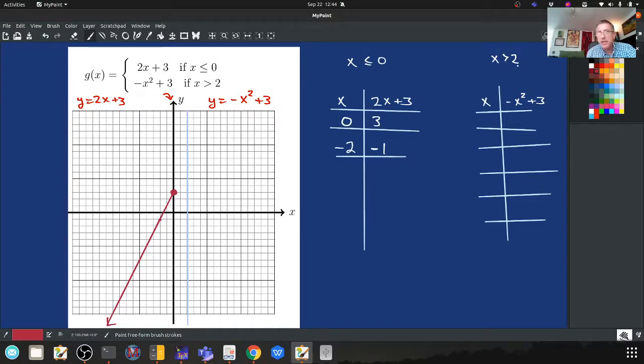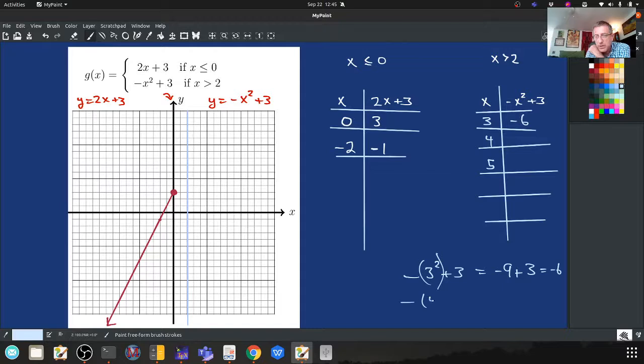Now over here, we have to choose values of x greater than 2. So I can't choose 2, so I'll go ahead and choose 3, 4, and 5. They all have to be greater than 2, so I can't use a 3 minus 3, 4 minus 4, none of that stuff. So minus 3 squared plus 3 is equal to minus 9 plus 3, which is minus 6.